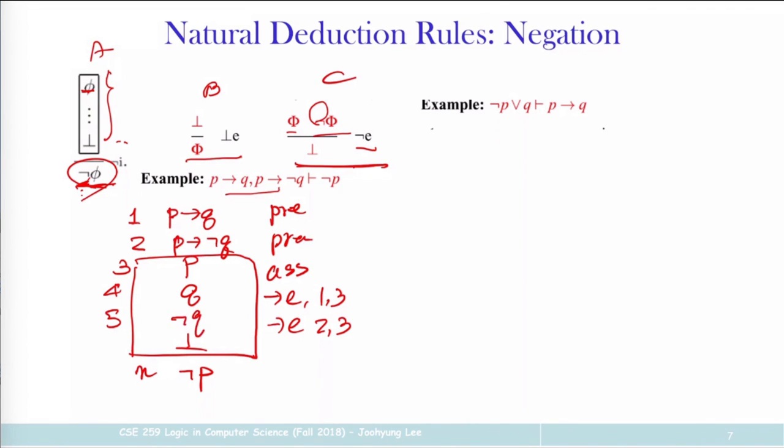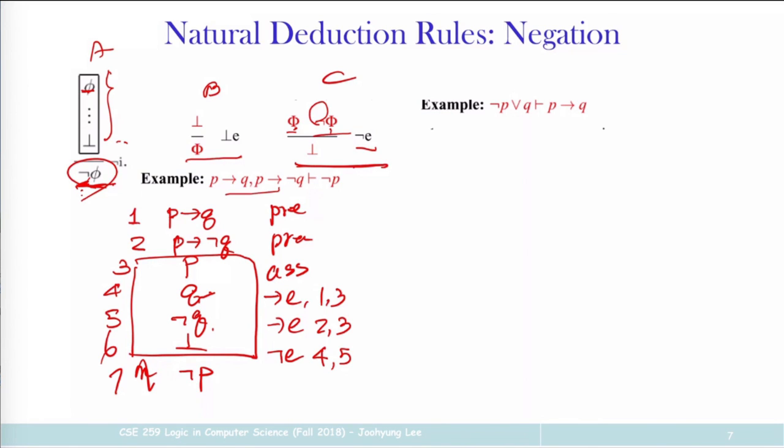Not Q. I got Q and not Q. Which rule allows me to derive bottom? C, the negation elimination rule. I got phi as Q, so we have Q and not Q, and we can derive bottom. Okay, the proof is done.